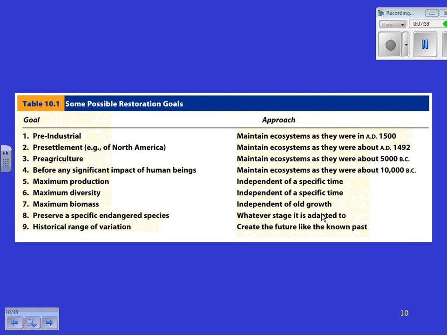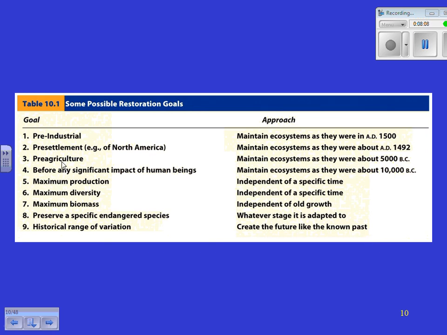If we look at some of the possible restoration goals throughout time, pre-industrial time, the main ecosystem as they were in 1500. If our goal is to maximize production independent of specific time, or if we want to look at the historical range of variation, then we should create the future like the known past.